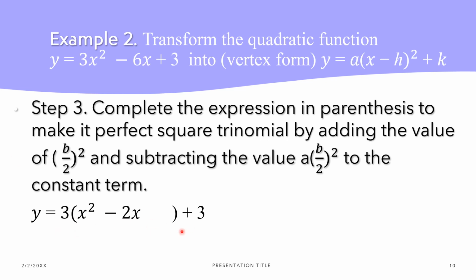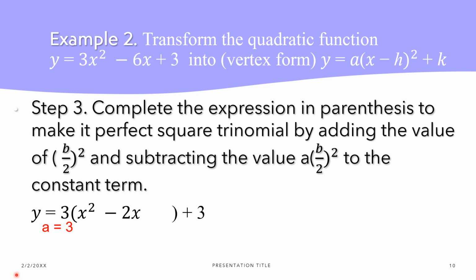Ang gagawin lamang po natin, mag-a-add daw po tayo dito ng square of b over 2 para maging perfect square po ito. At magma-minus po tayo dito ng product of a times square of b over 2. So, ang gagawin natin para makuha natin yung i-add dito at yung ima-minus dito, kukunin natin yung value ng a at b.